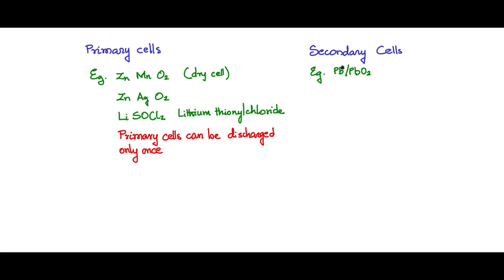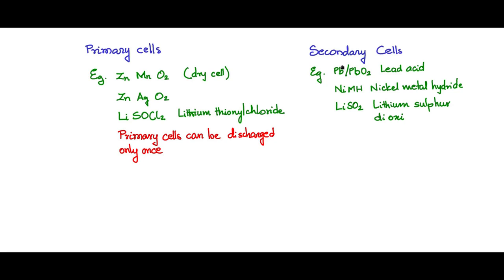So lead oxide is more commonly called the lead acid battery. The acid here is sulfuric acid, dilute sulfuric acid. Nickel metal hydride batteries, lithium sulfur dioxide batteries, lithium-ion polymer batteries.